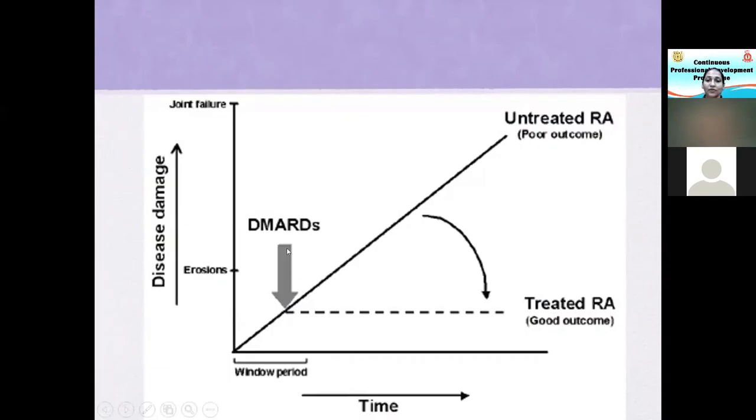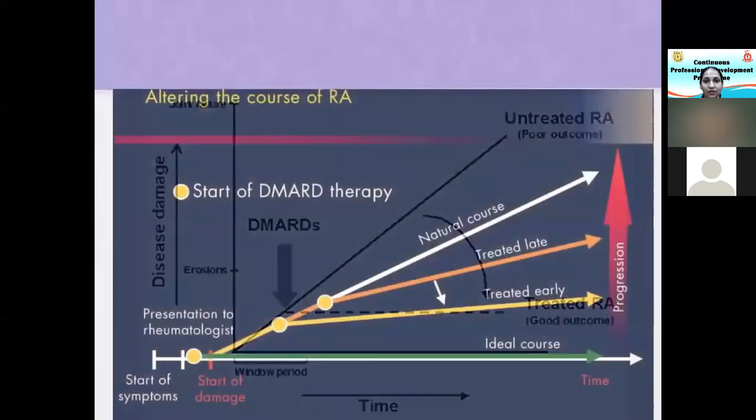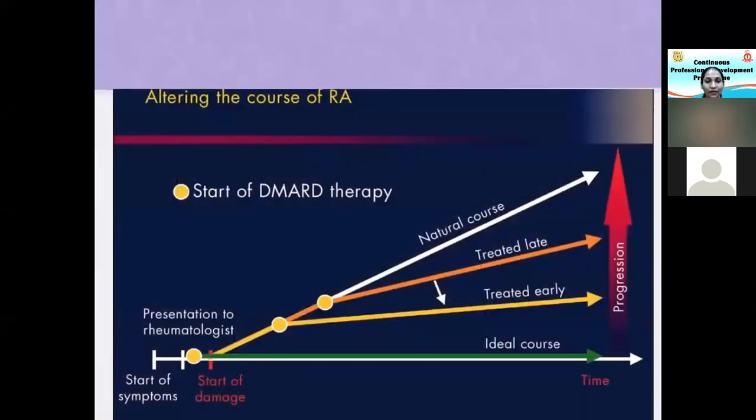Once disease modifying drugs are started, this will plateau or come down, stop the progression. This is again depicted. So that's why it is important to start these drugs early when a change can be introduced.